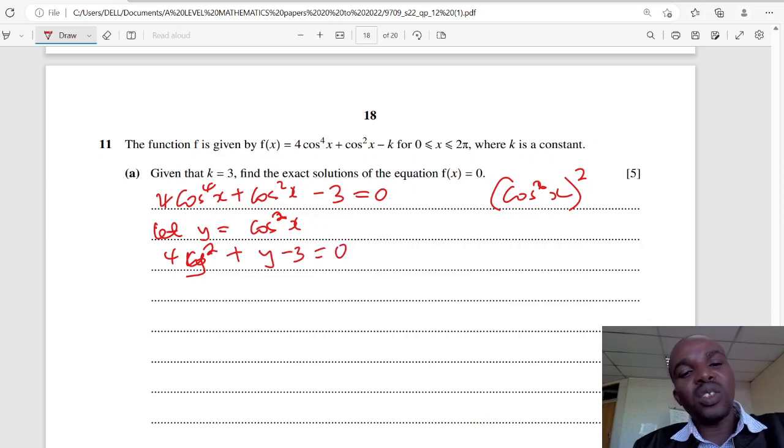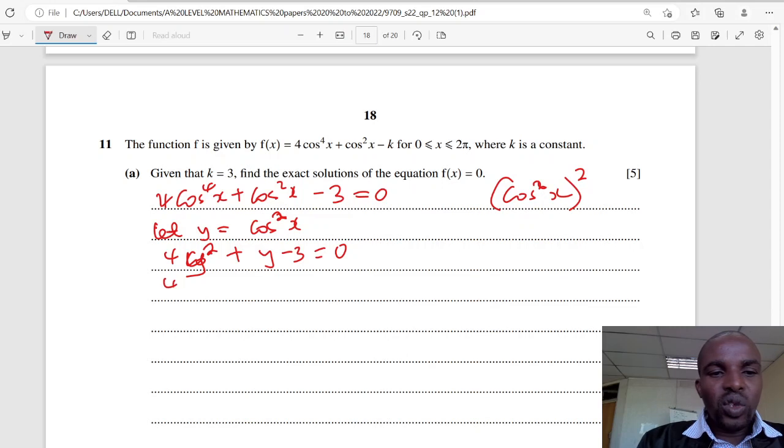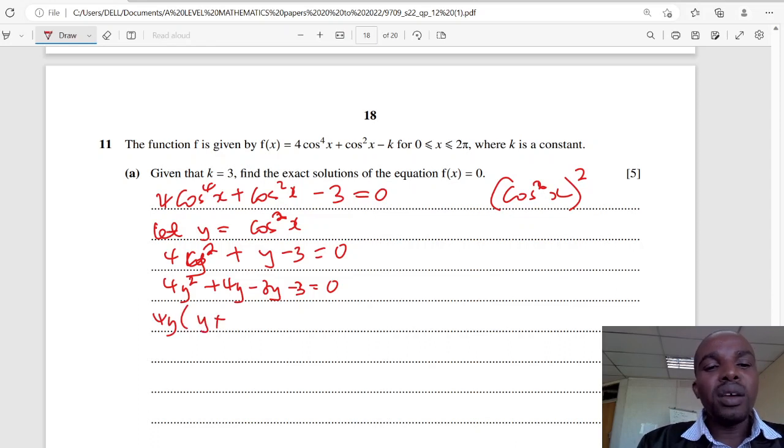Then find the factors or factorize this part. What are the factors? We can get here 3, 4. So it's 4y squared, the factors are plus 4y minus 3y, minus 3 is equal to 0. It's like this. Then factor out 4y on this part, you'll be left with y plus 1.